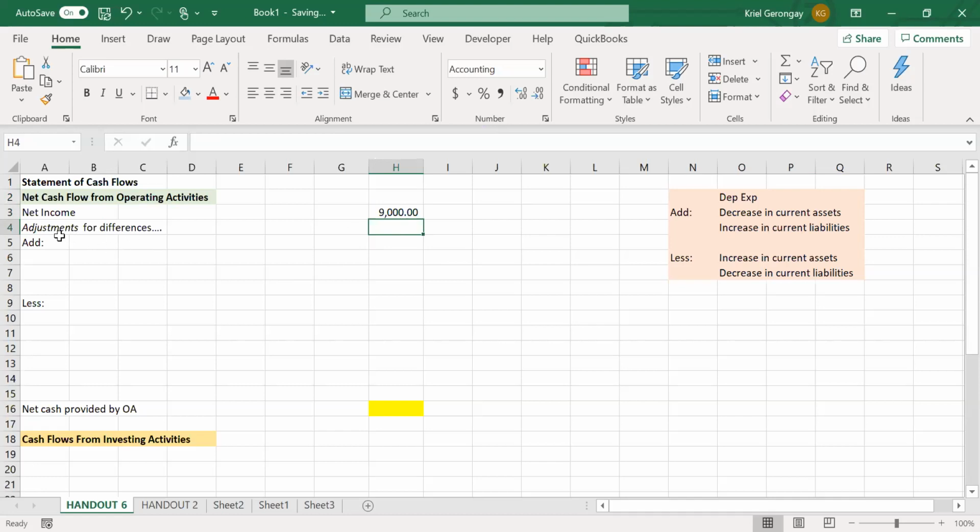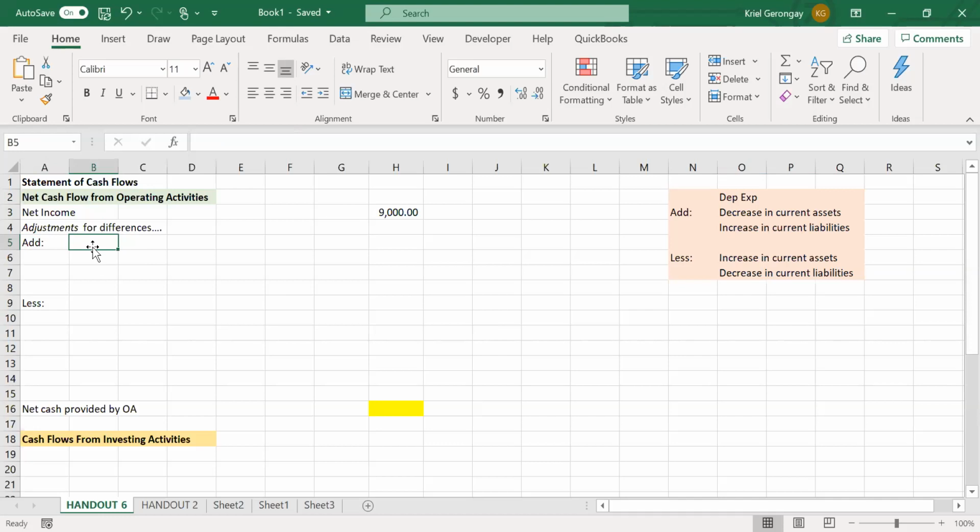For the adjustments for differences in operating activities, this is where this chart comes in. Just remember that depreciation expense will automatically be added to your operating activities, because depreciation expense is not a cash transaction.